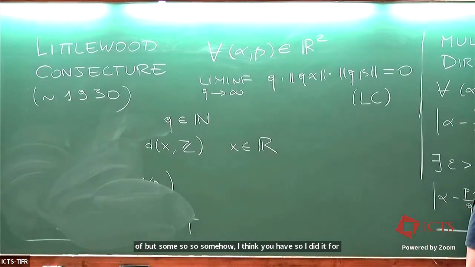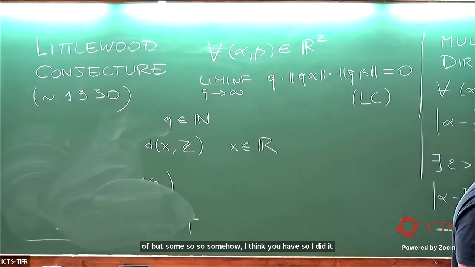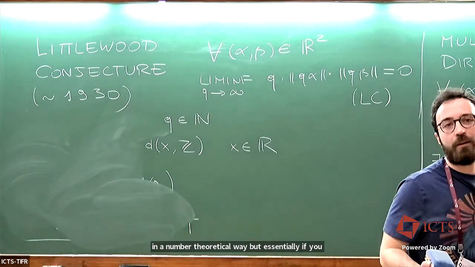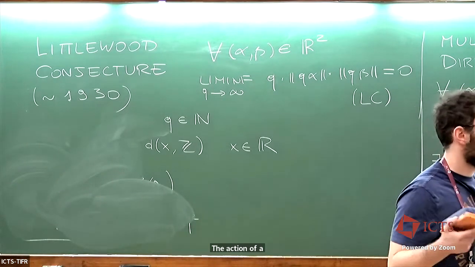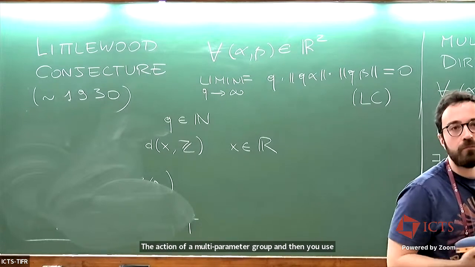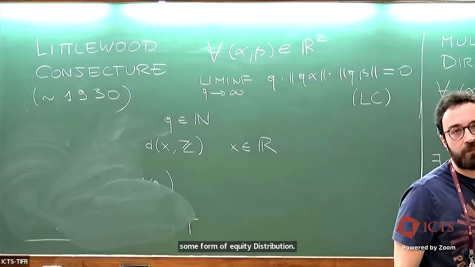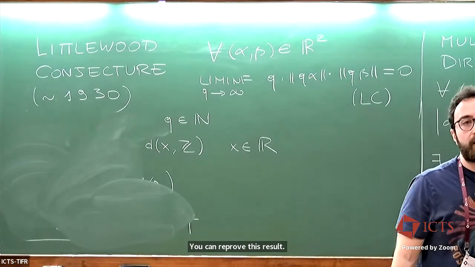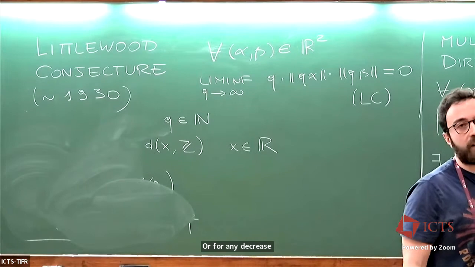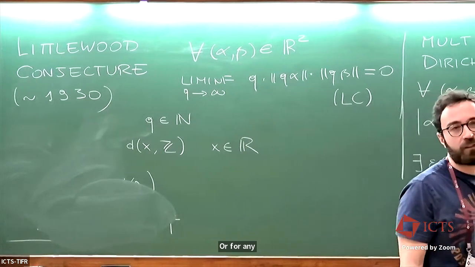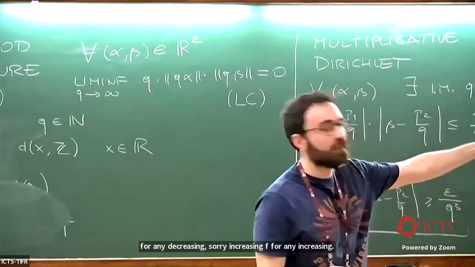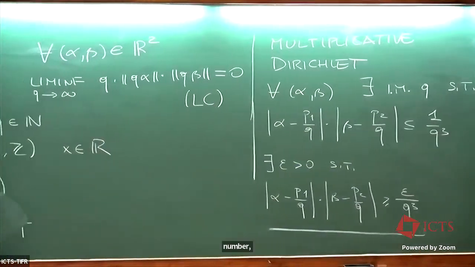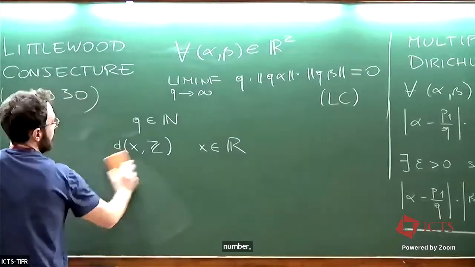Gallagher proved it in a number theoretical way, but essentially, if you use the action of a multi-parameter group, and then you use some form of equidistribution, you can reprove this result for any increasing f. If f is not increasing, there's very little you can say, even with number theoretical methods.